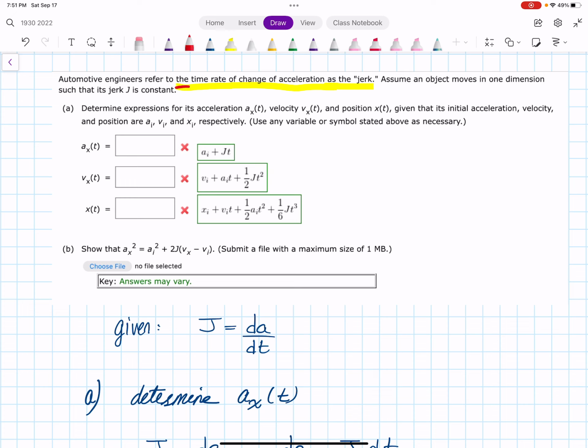So, the time rate of change of acceleration. This phrase here means the derivative of acceleration with respect to time is the jerk. Okay? This is the given information.